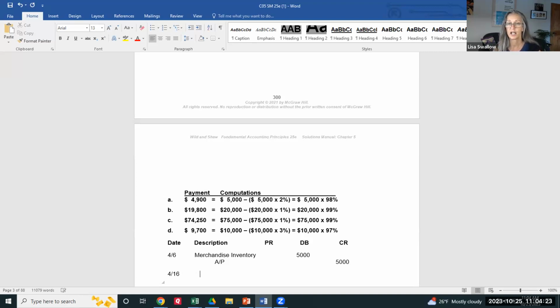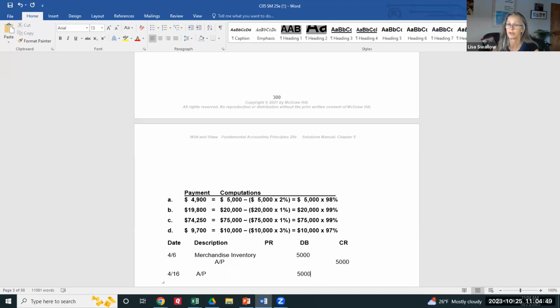So the first thing I want to do is pull the accounts payable off the books for the full amount. How do I do that? Now my accounts payable is at 0. As well it should be.